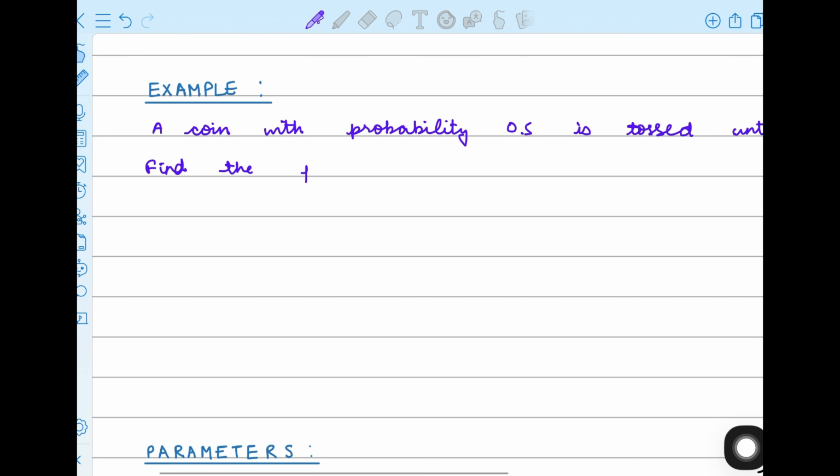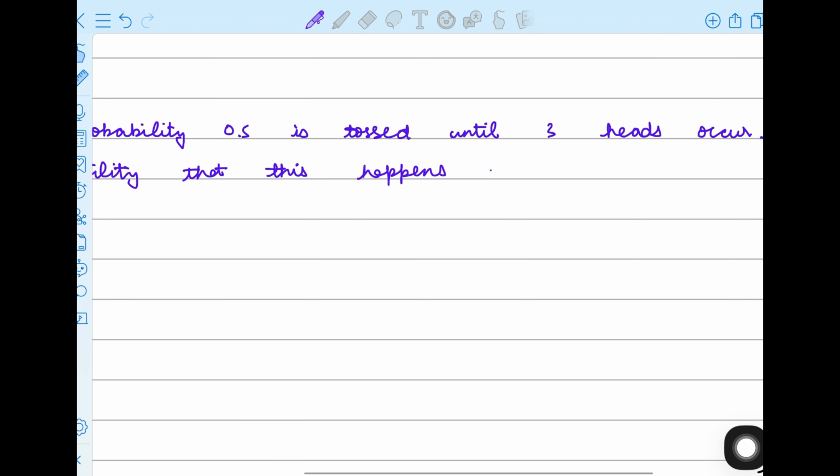Find the probability that this happens on the 5th trial.